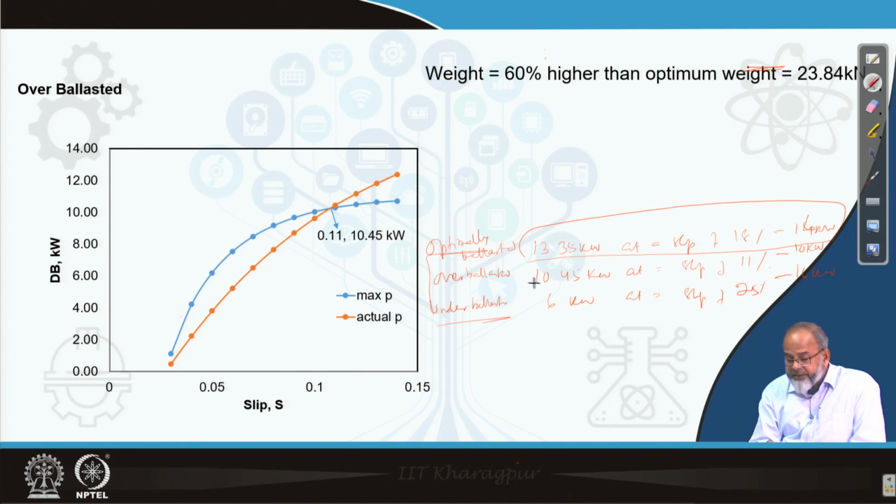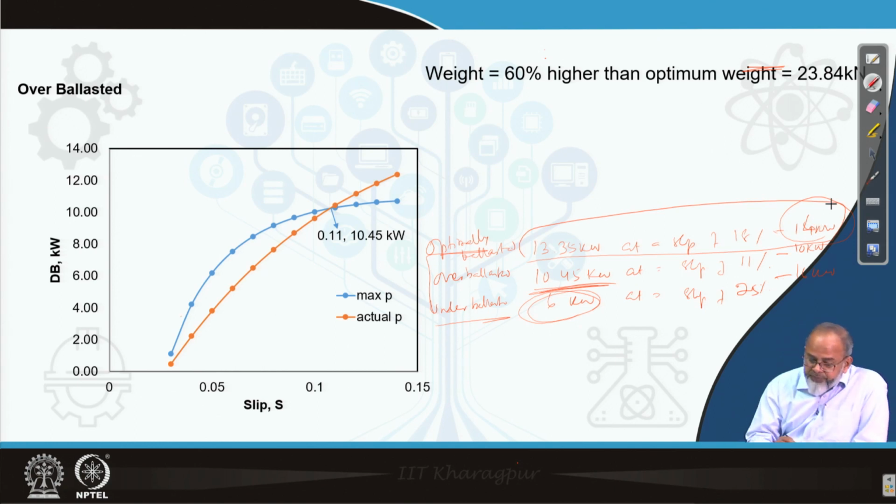Whereas in the over ballasting condition, we are utilizing only 10.4 kilowatt. We are supposed to get 14 kilowatt, but we are not developing it. There is a loss. At under ballasting conditions, we are only utilizing 6 kilowatt when we are supposed to utilize 14 kilowatt.